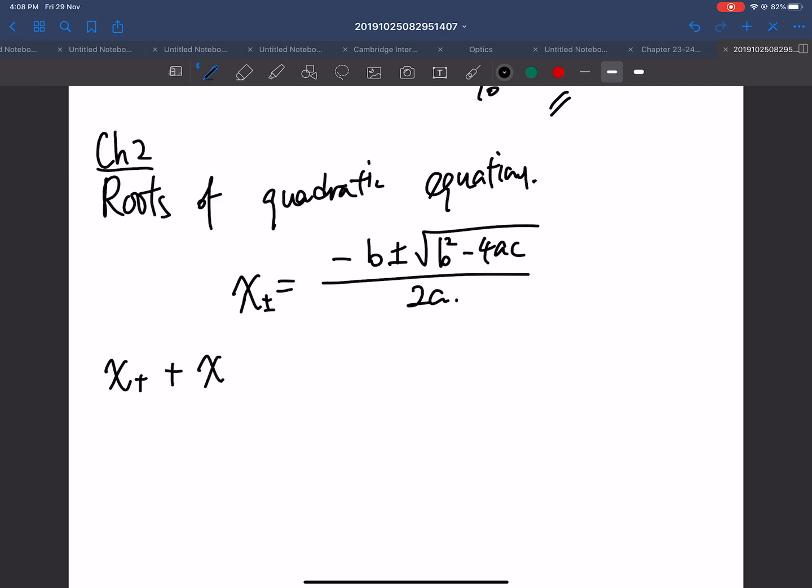No. Okay, you try to find the sum of roots, and also try to find the product of roots by yourself. Do you know what you need to do? You know what to do.